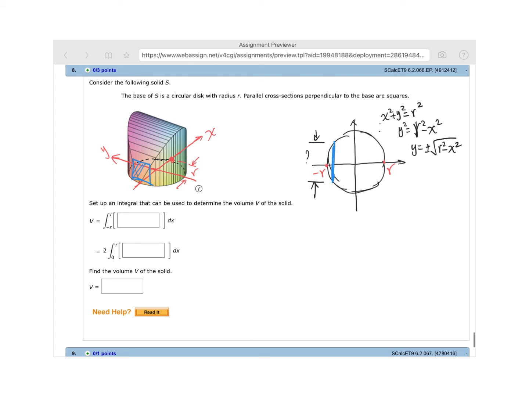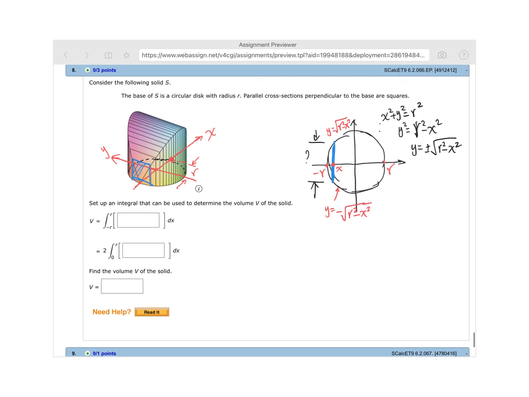So the top is y equals the square root of r squared minus x squared, where x is the location of this slice. And the bottom half is y equals negative square root of r squared minus x squared. So what is the length of this slice? The top minus the bottom. This minus the negative of itself is going to be double.